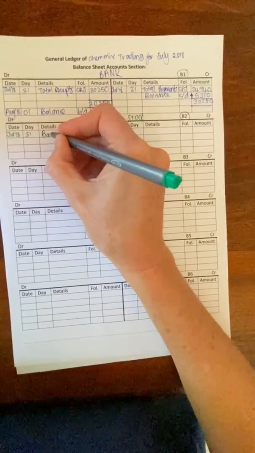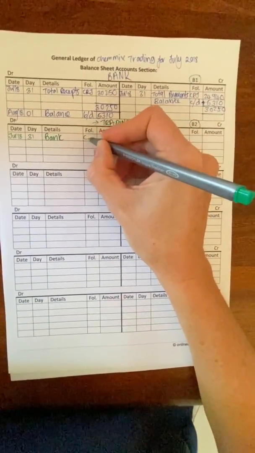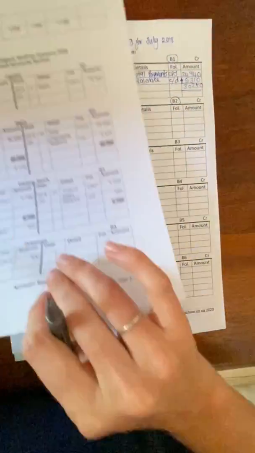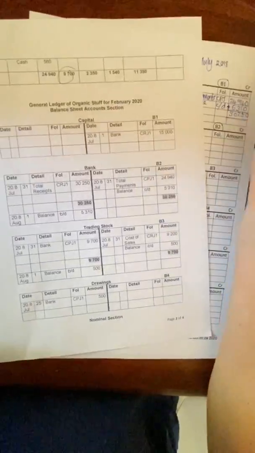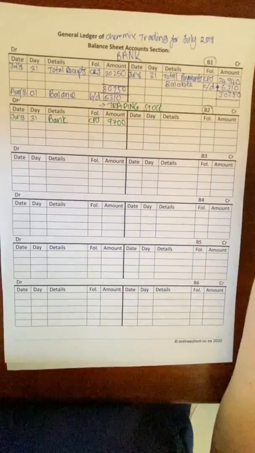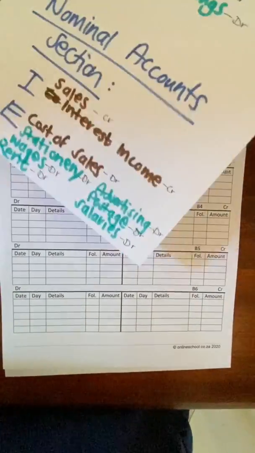So the bank account is the contra account. My folio reference is that I got this from the cash payments journal, and my trading stock total from the cash payments journal is 9,700 Rand. Okay, so that is the debit transaction that I have now filled out.